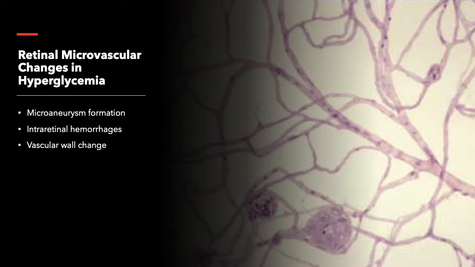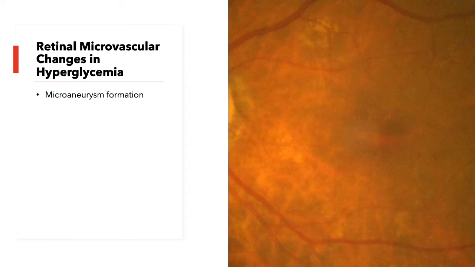If the microaneurysms are very, very small, you may not be able to see them. However, there's this large one there. You can already see that on examination or photograph. To the examiner, these microaneurysms will appear as tiny red dots that can be seen anywhere in the retina. It can be in the posterior pole in this area, or it can be in the periphery of the retina.